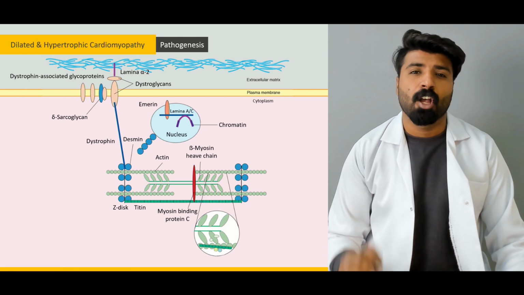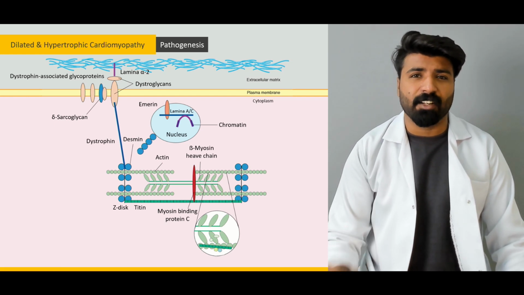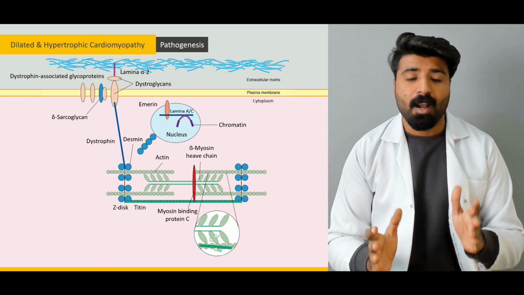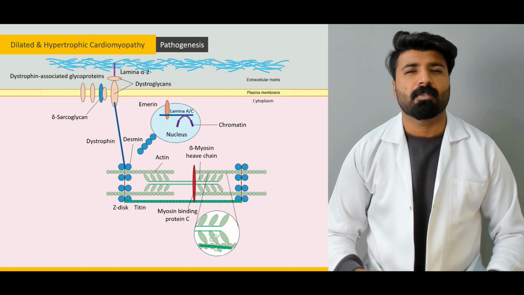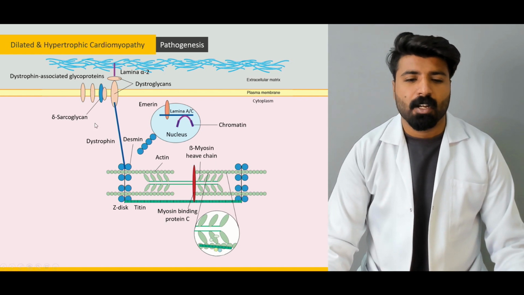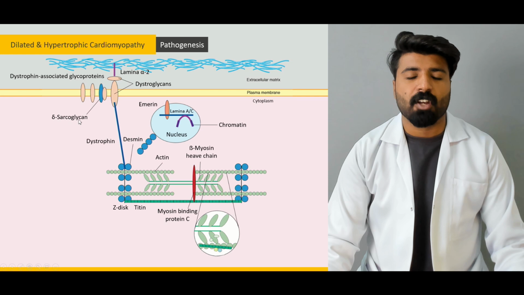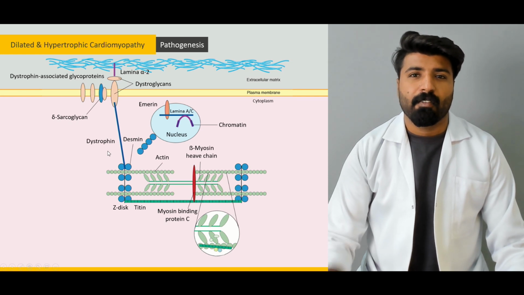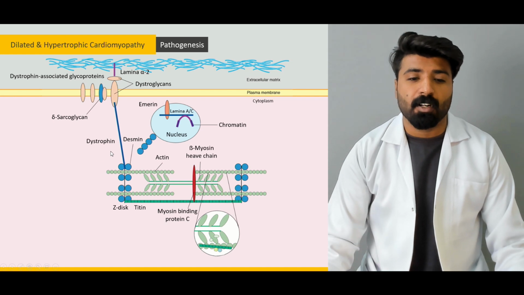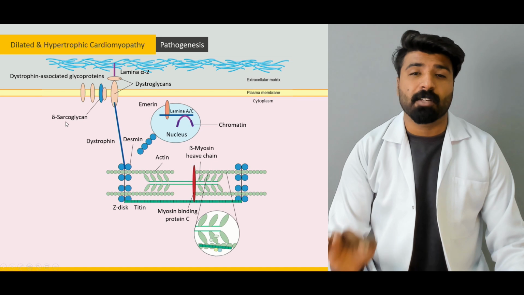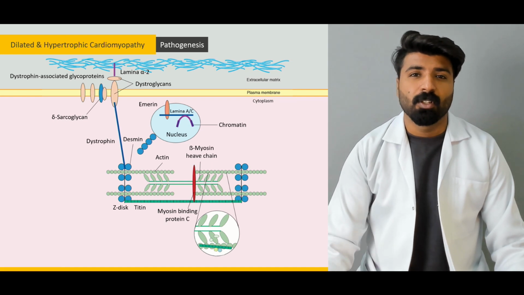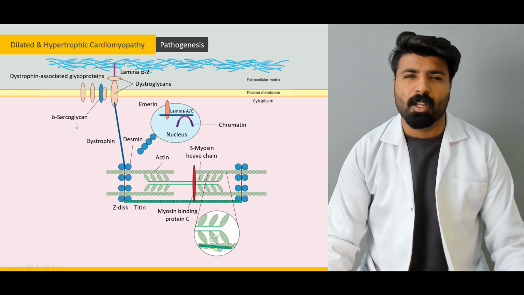In some cases, those genes get affected which help in embedding these cytoskeletal proteins. Which structures might that be? Dystrophins and alpha-sarcoglycan. Now when those genes which code for alpha-sarcoglycan and dystrophin are mutated, they lead to structural damage or structural mutation of alpha-sarcoglycan and dystrophin.